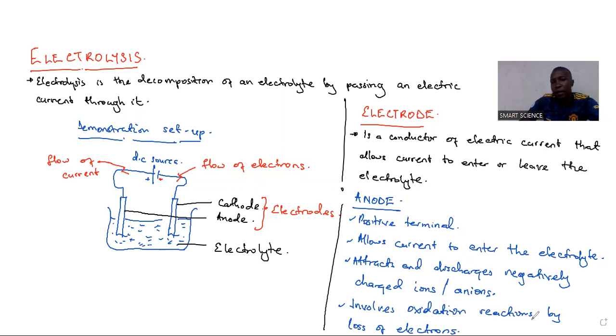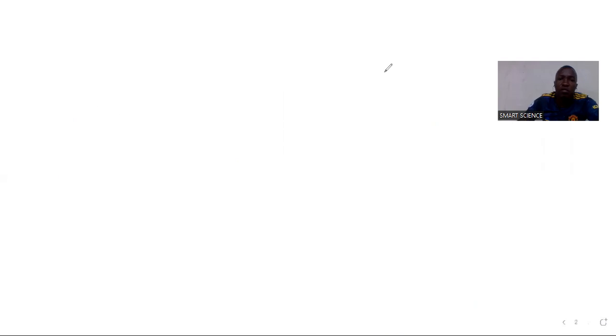That is the anode. The other electrode, we call it the cathode. The cathode is a negative terminal.